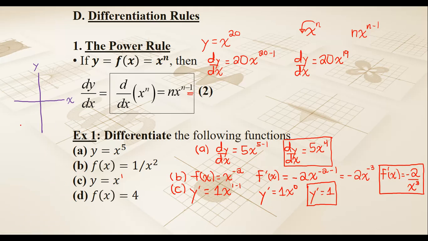This would be a line that goes through the origin and has a slope m equal to 1. We know that from writing it in the form y equals mx plus b.